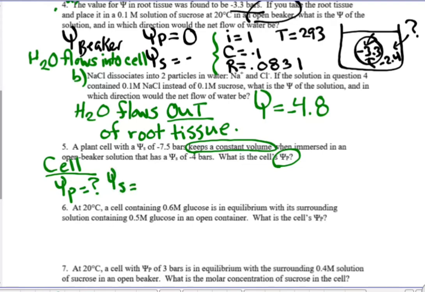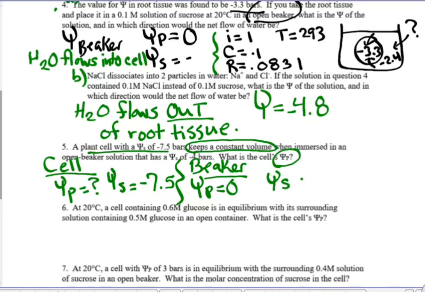The solute potential is negative 7.5 bars. Now, my beaker is an open container. That's helpful to know, and I've also been given my solute potential. So the pressure potential is 0 because it's an open beaker, and my solute potential is given. It's negative 4 bars.